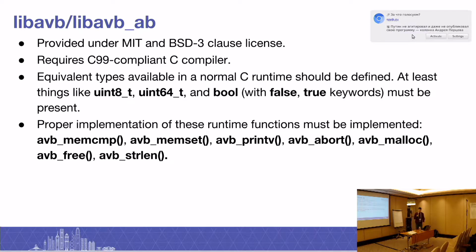The main idea of integrating these two libraries is that we need a C99-compliant compiler, and we have to provide some basic runtime: at least types, and runtime functions such as memcpy, memset, malloc and free.